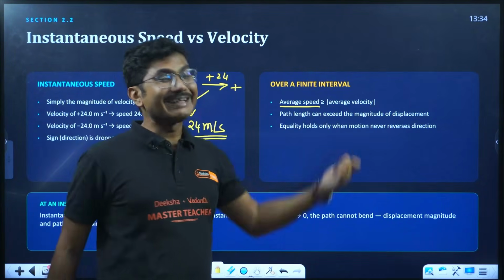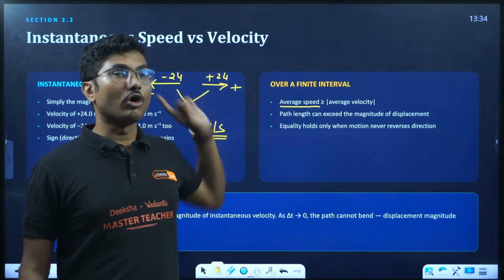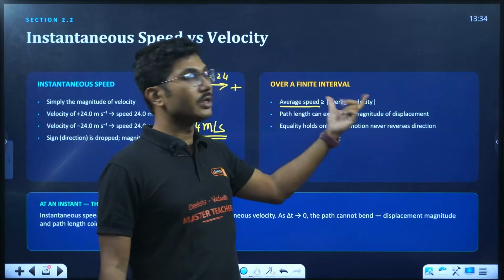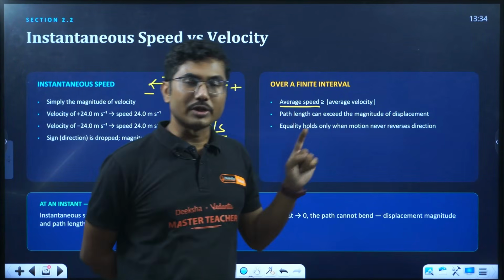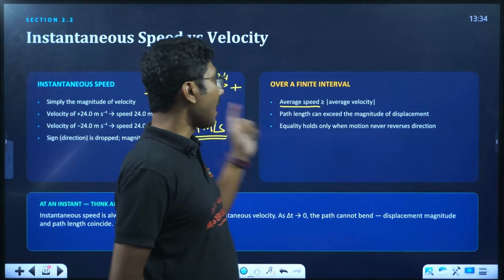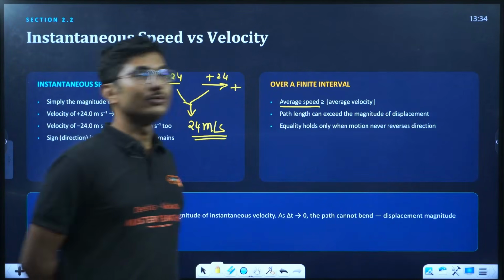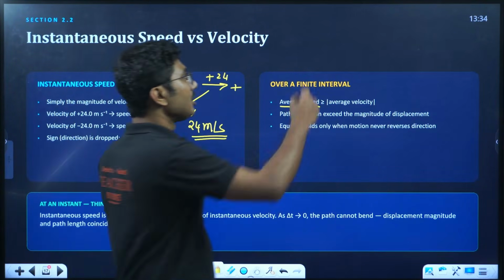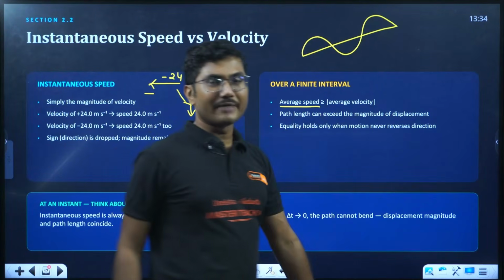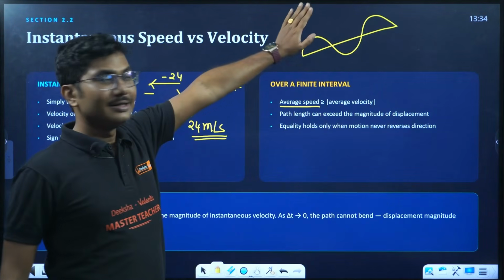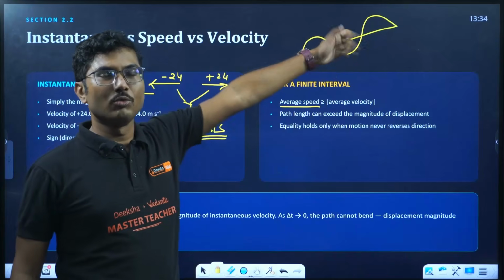For a finite interval, average speed is always greater than or equal to average velocity. Path length can exceed the magnitude of displacement. As I mentioned, this is the displacement, but this is the actual distance traveled. So in that case, the distance traveled is more than displacement.